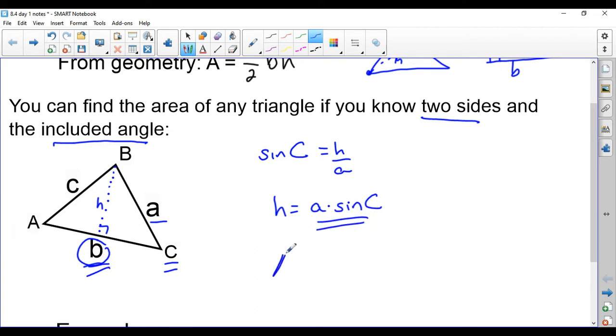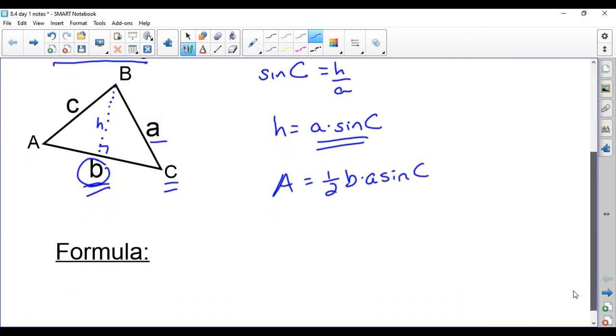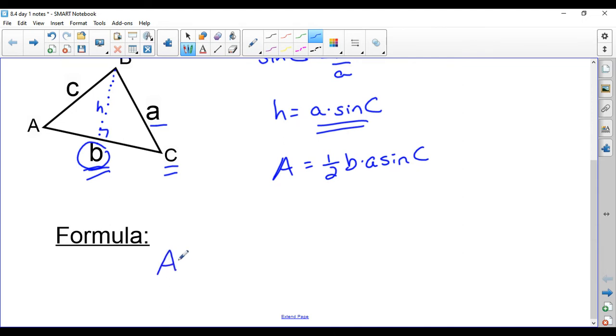So I plug into area equals 1/2 base times height. And usually we write this in a way that's just a little bit quicker and easy to remember. We said the area of a triangle is 1/2 AB sine C. Now, again, the letters are arbitrary. What's important here is that A and B are two side lengths, and C is the angle between those two sides.